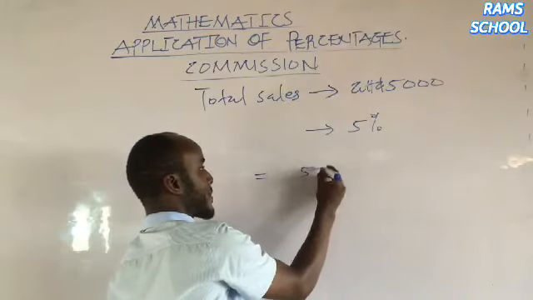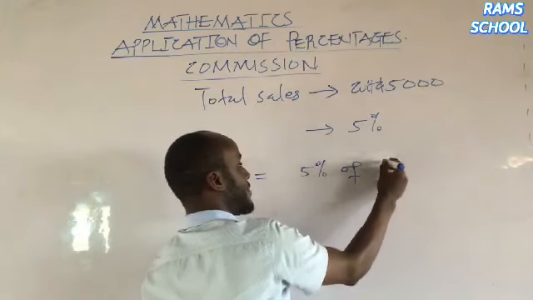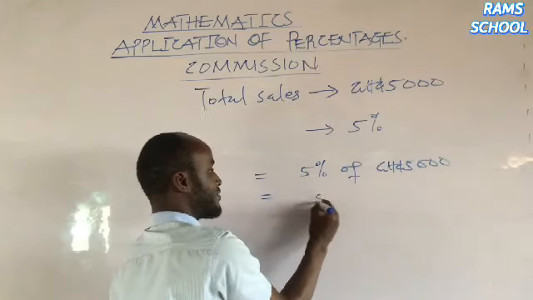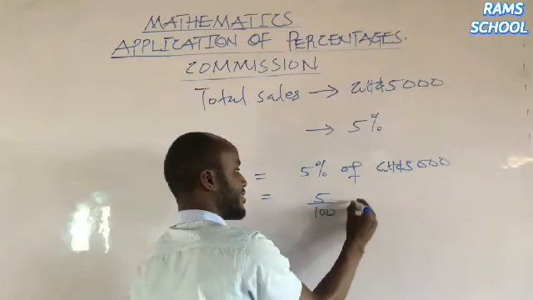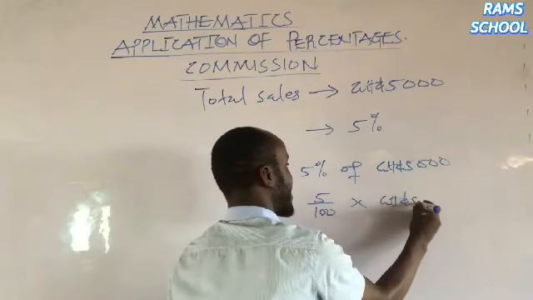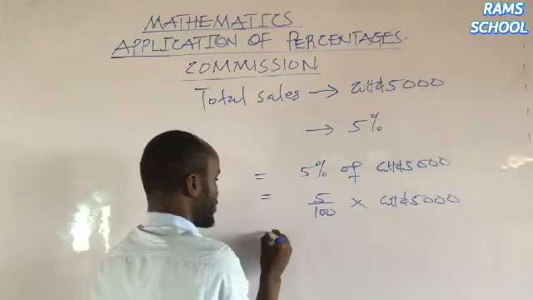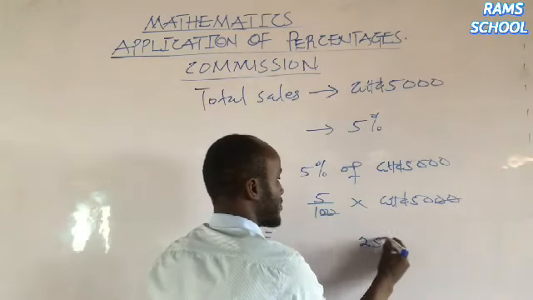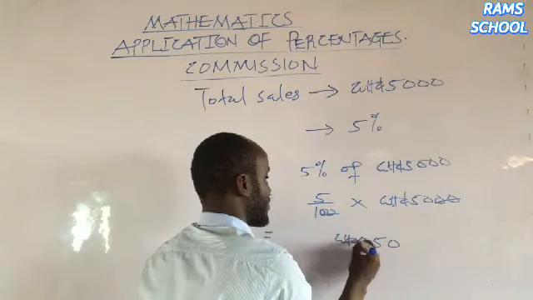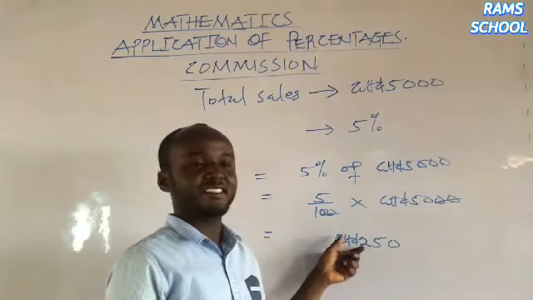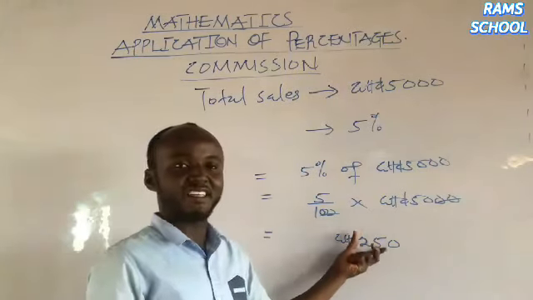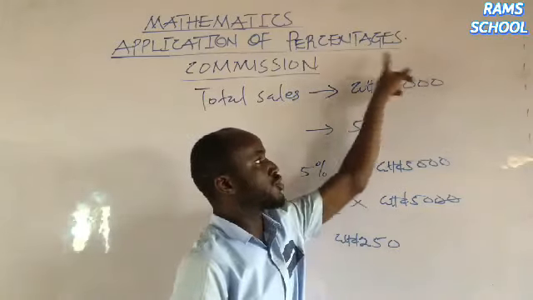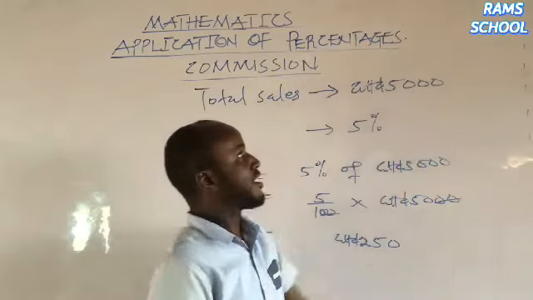So 5% of the total amount, which is 5,000 Ghana cedis. So we shall get 5 out of 100 times 5,000 Ghana cedis. So if we simplify this, we get 250 Ghana cedis. So this 250 Ghana cedi here is the commission that Erica is going to earn for selling goods worth 5,000 Ghana cedis.